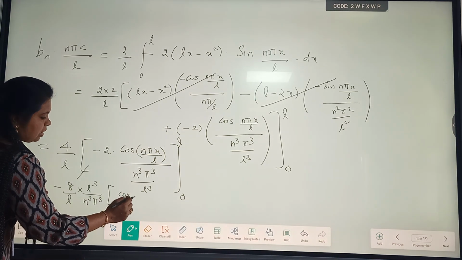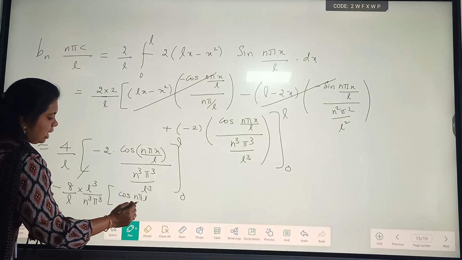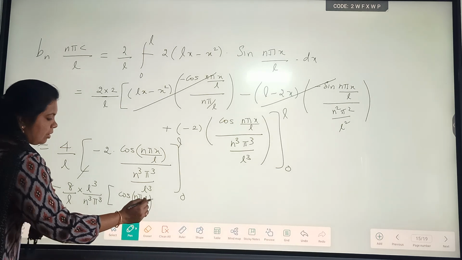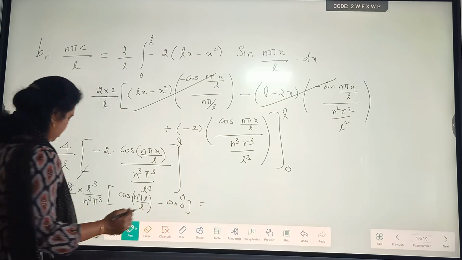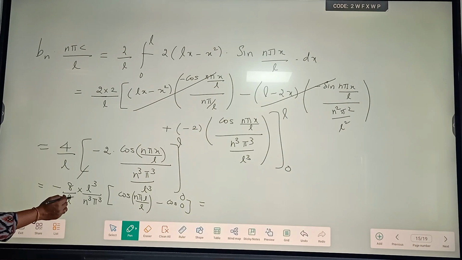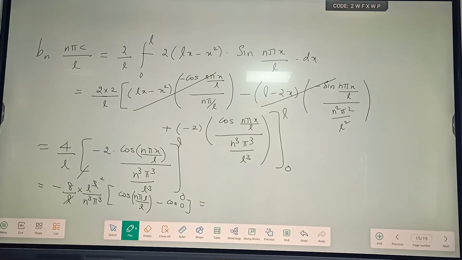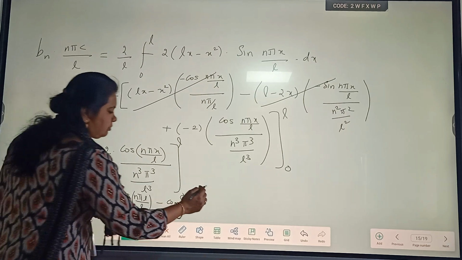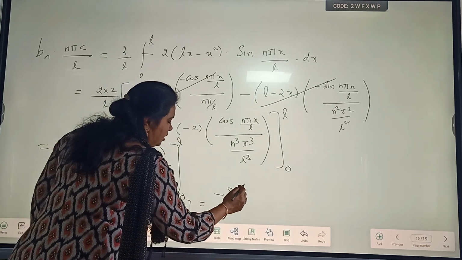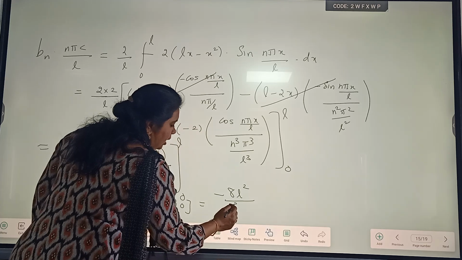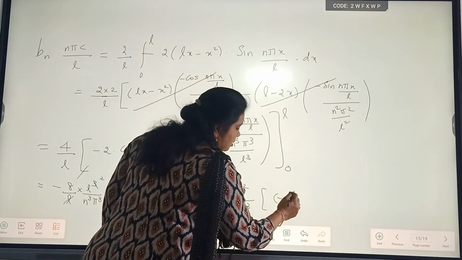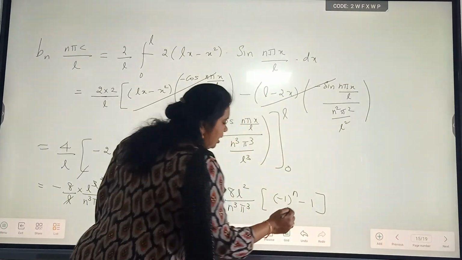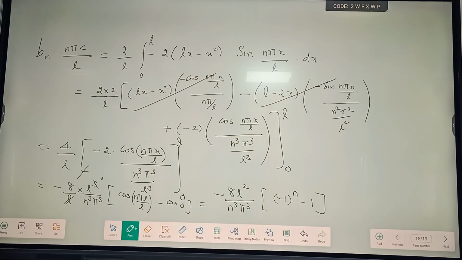Cos n pi, L by L, minus cos 0. So what do you get? One L will get cancelled. Minus 8 L square by n cube pi cube. Cos n pi is minus 1 to the power n, minus 1.